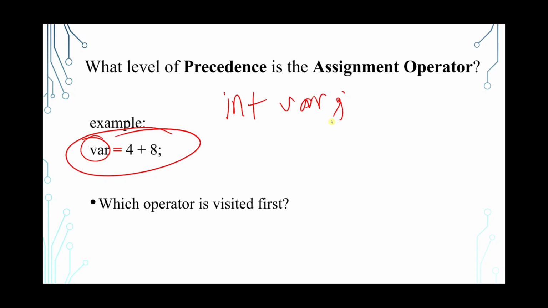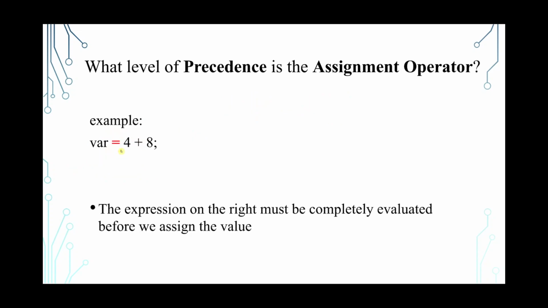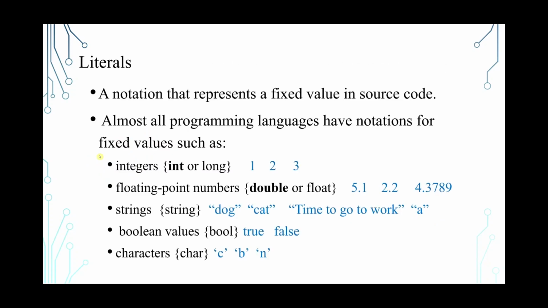The operator that is going to be visited first is the plus. Why is that? Because if you have an assignment operator, the right side must be completely evaluated before you assign the result of it to var. So the right hand side is going to be completely evaluated before we assign the value to var.